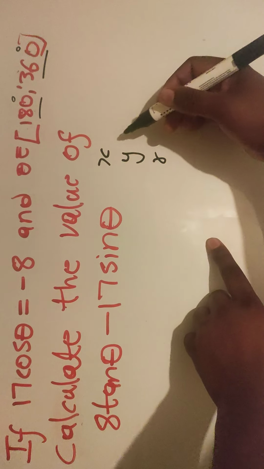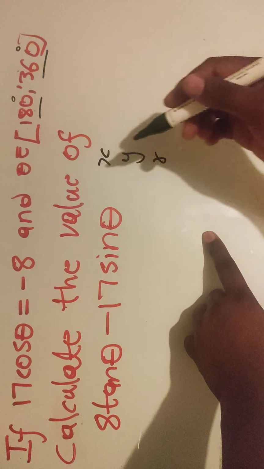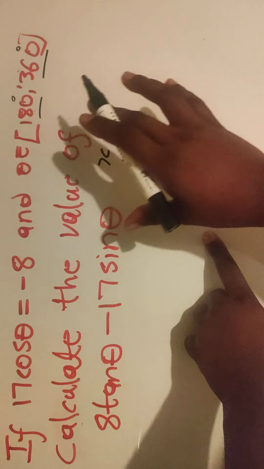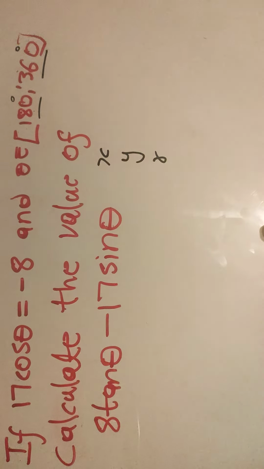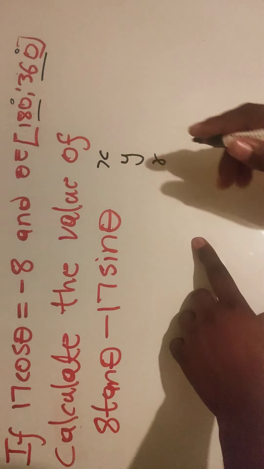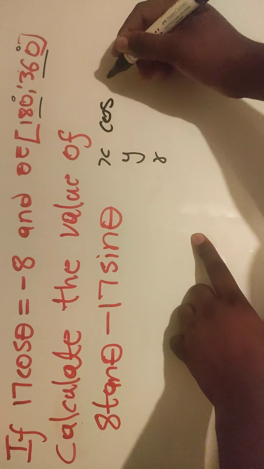So let's also find the position. Let's have a look at what is given. Let's define the trig ratio that is given. Okay, so this will be cos.